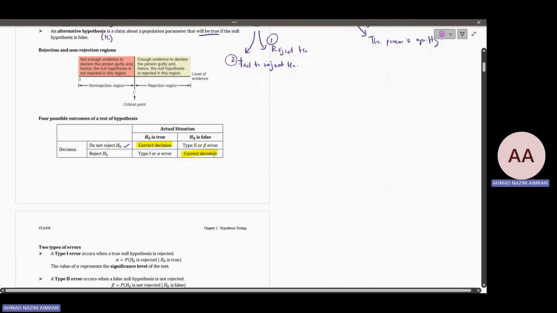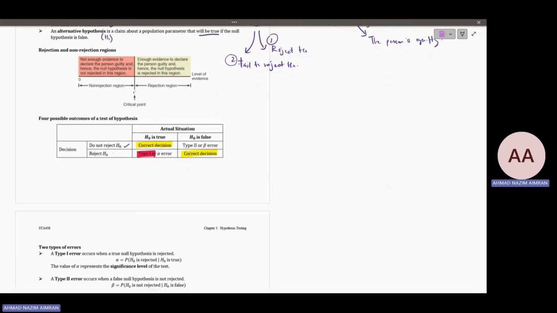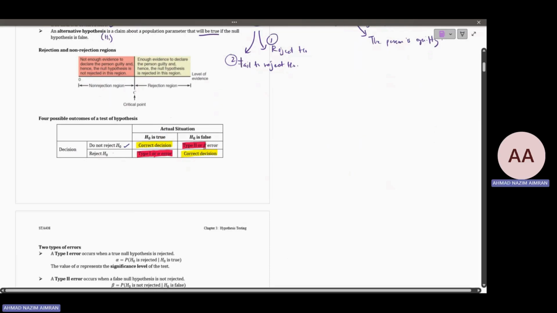But if we make a false conclusion, meaning that we reject H null but the H null is true, then we are having a type 1, or alpha, error. And when H null is false but we do not reject the H null, we are committing a type 2, or beta, error.